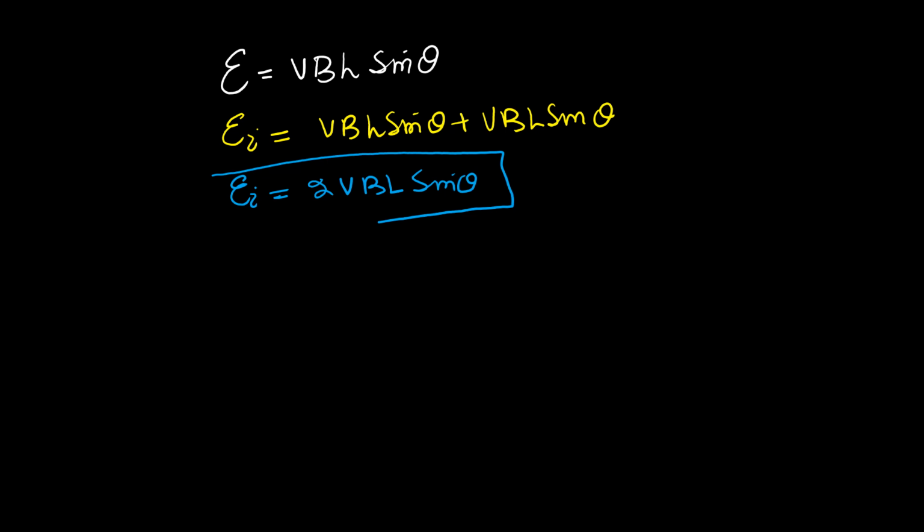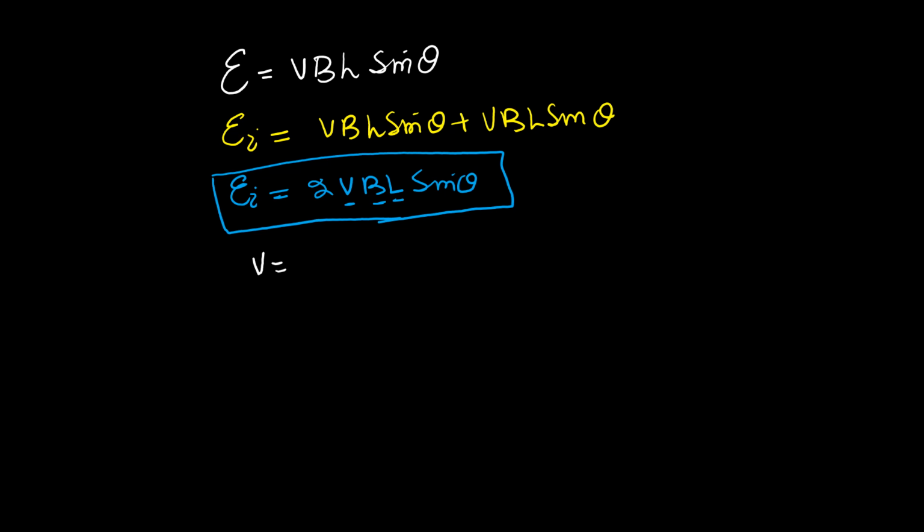So dear student, please keep in mind that V represents the velocity of the armature, B is the magnetic field, and L is the length of the armature. Now keep in mind that the armature in an AC generator rotates, and for rotation we need the velocity.